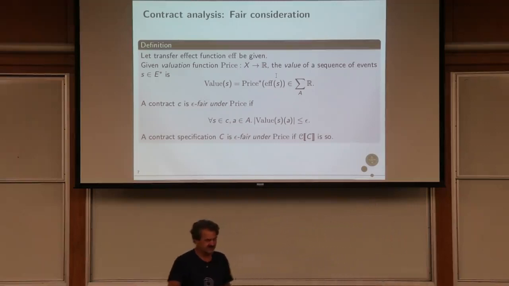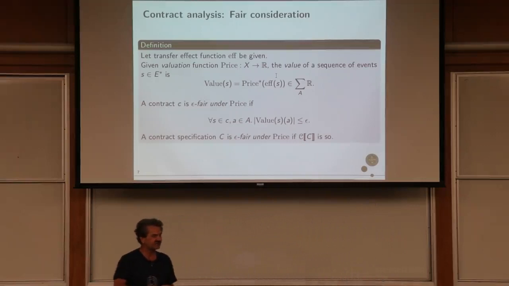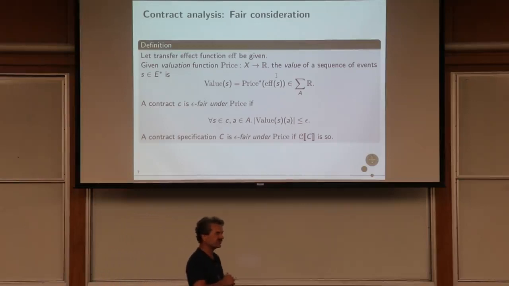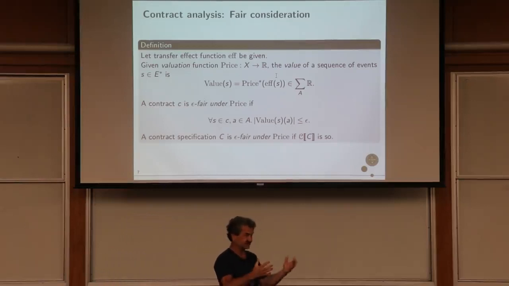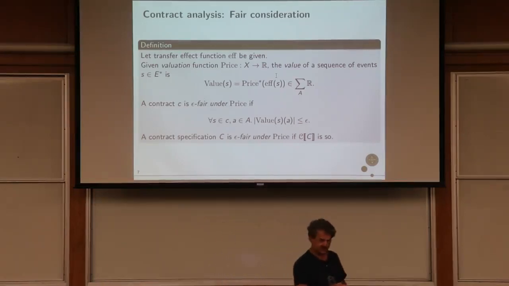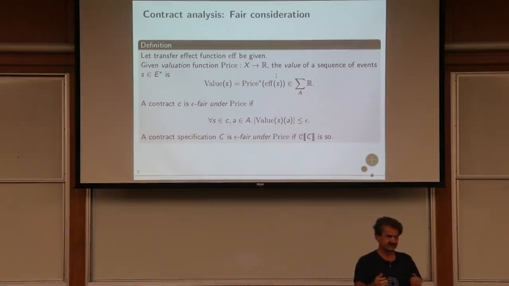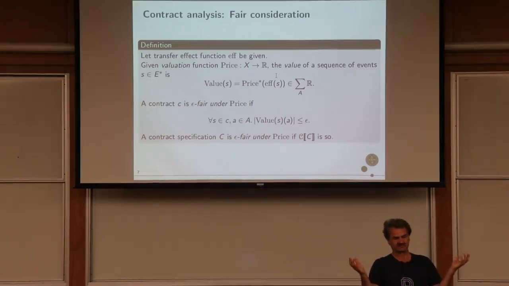Namely, let's assume there is a transfer effect function f given. That's built into the notion of our semantics. Now, given a valuation function, remember we started with this one, let's call it price, that maps every resource type to a unit price. Sometimes that's mark to market. Somebody says, what's one iPhone 5 worth?